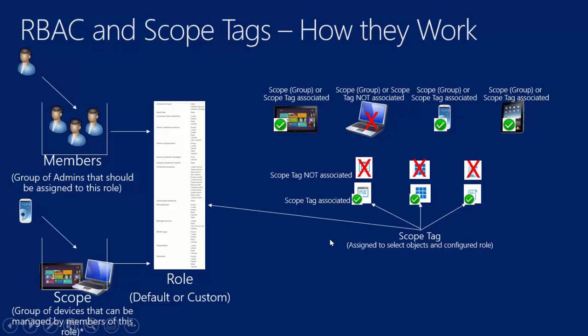Well, scope tags do the same thing, right? Scope tags can be applied to devices. They can also be applied to objects that you create, so apps and policy and profiles and so on, right? So here you have kind of two choices or two options to arrive at the same goal.